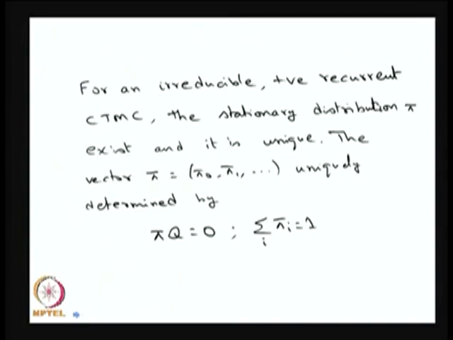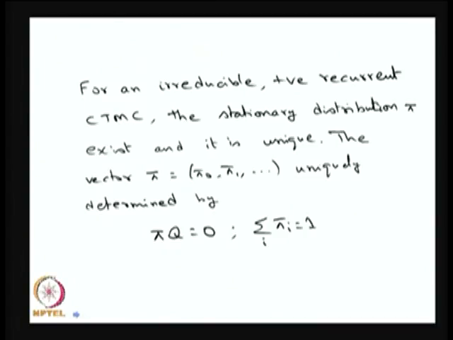The main result for the stationary distribution: whenever you have an irreducible positive recurrent CTMC, the stationary distribution exists and it is going to be unique. Whenever the CTMC is positive recurrent as well as irreducible, there is no need for periodicity in the CTMC, whereas for the stationary distribution of the DTMC we included one more condition, that is aperiodic, but for the CTMC there is no periodicity for the state.